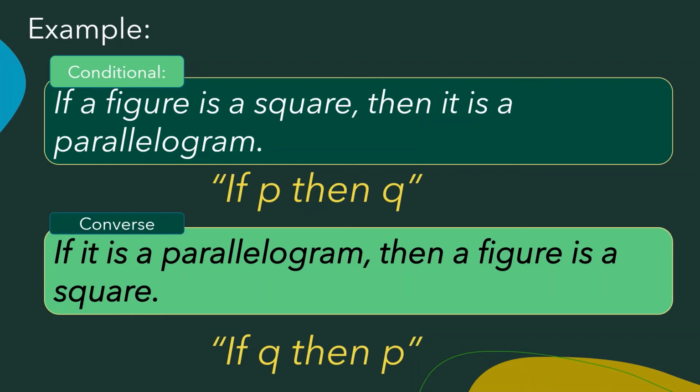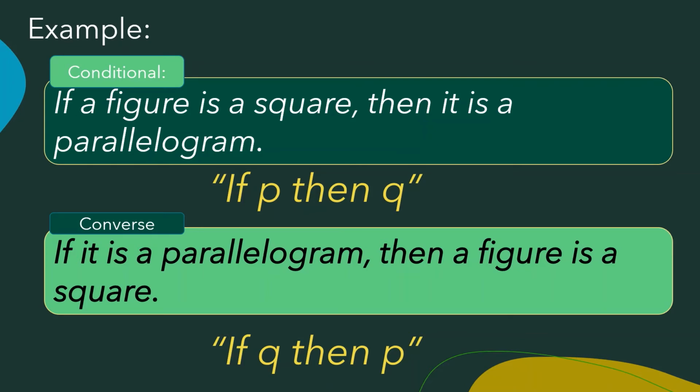Another example. If a figure is a square, then it is a parallelogram. That is the original statement or the conditional statement written as if P then Q. And its converse, if it is a parallelogram, then a figure is a square.